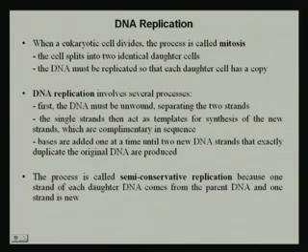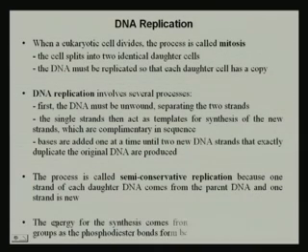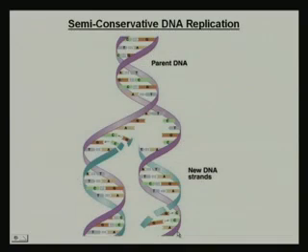The process is called semi-conservative type of DNA replication, because one strand of each daughter DNA comes from the parent DNA and one strand is synthesized, which is the new strand. During this process, the energy which is required comes from the hydrolysis of the phosphate group as the phosphodiester bond forms between the bases, as we have already learned.